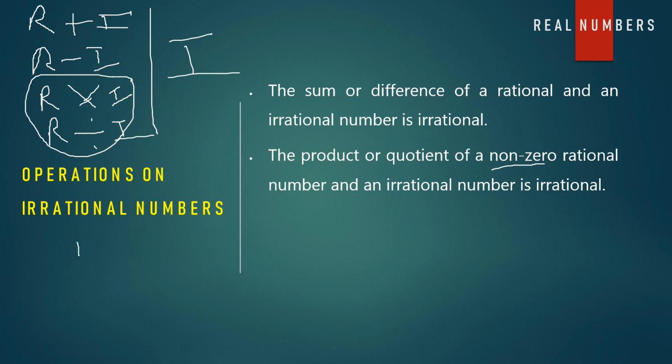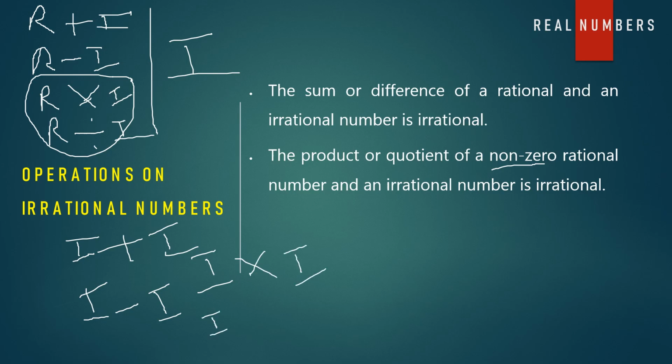The same thing if both are irrational numbers, what will happen? I plus I, I minus I, that is the difference of two irrational numbers. Similarly the product of two irrational numbers, I into I, and I divided by I. If both are irrational numbers, for all the fundamental operations, the answer is not fixed.